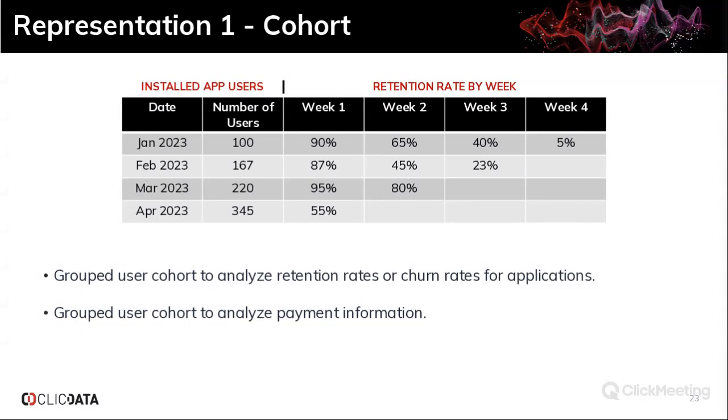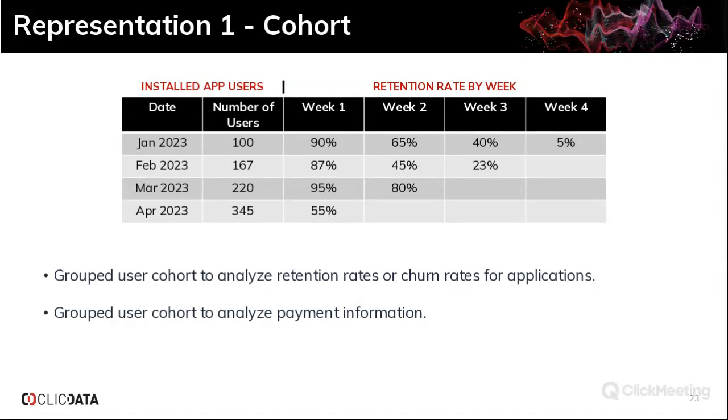Typically, while working with cohort examples, there are a few different kinds of representations that you're looking for. One representation that we've come across more often than not is how do we show the evolution of the number of users that have come to our platform? Consider a mobile app.